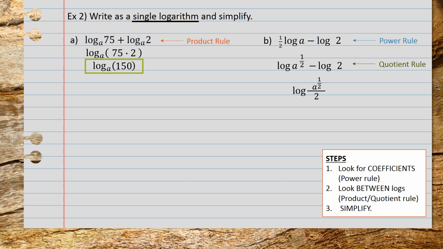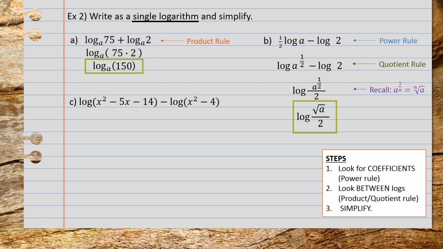So we now have it written as a single log, but the problem is I don't want to keep the 1/2 as a fraction. Instead, what does that really mean? Well, it means a radical is involved. So instead of a to the 1/2, I would now write that as log of the square root of a all over 2.